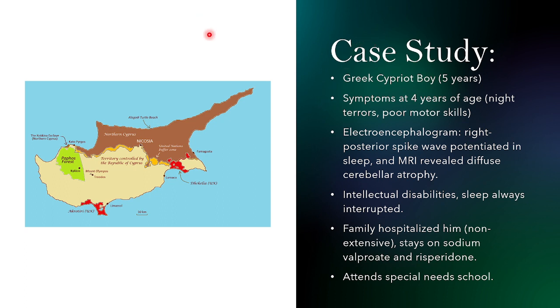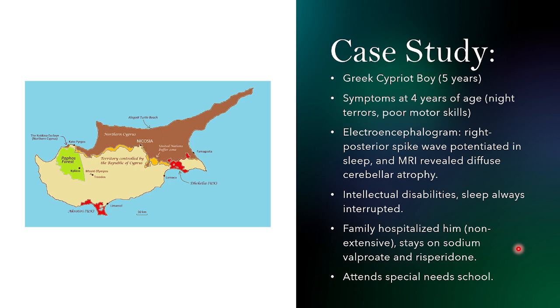There was actually a case study done on a Greek Cypriot boy, which is in Turkey, as you can see right here. He was 5 years old, and the parents started noticing symptoms at 4 years of age, such as night terrors and loss of motor skills.